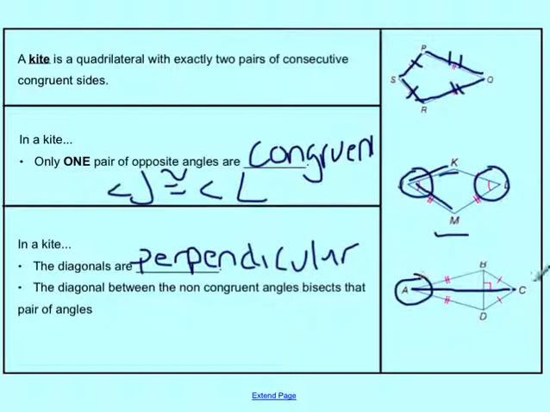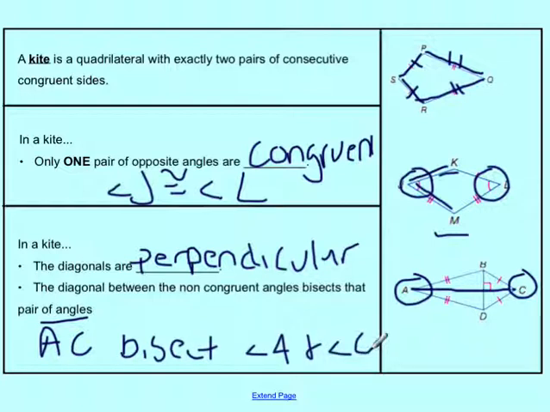So A is not congruent to C. So they're not congruent, but the line AC is going to bisect angle A and angle C. So it's going to bisect the angle. Okay, that means it cuts it in half. So angle BAC is congruent to CAD, and so forth.